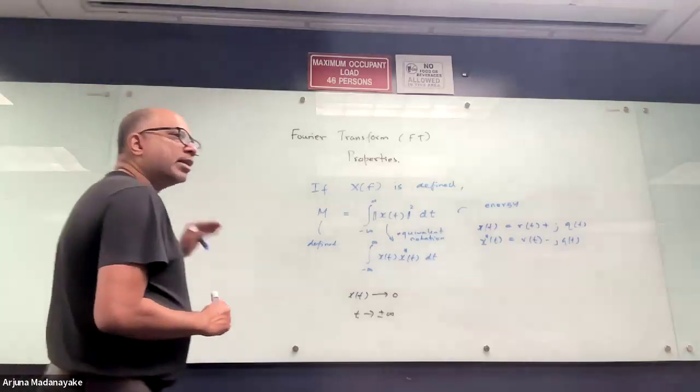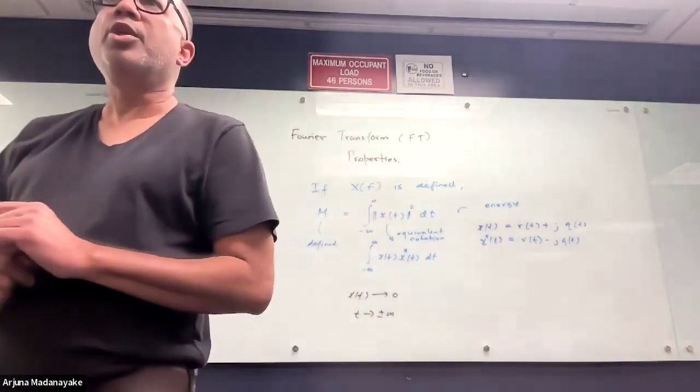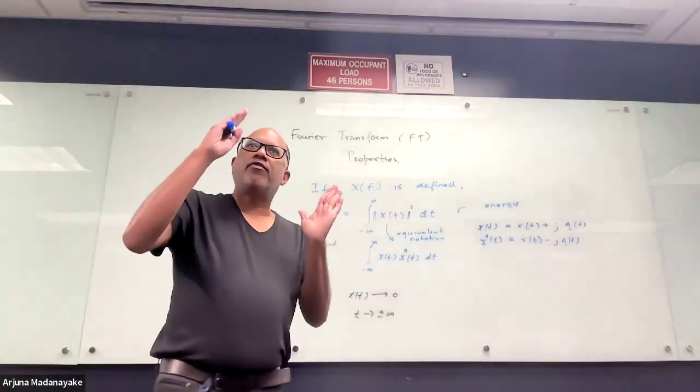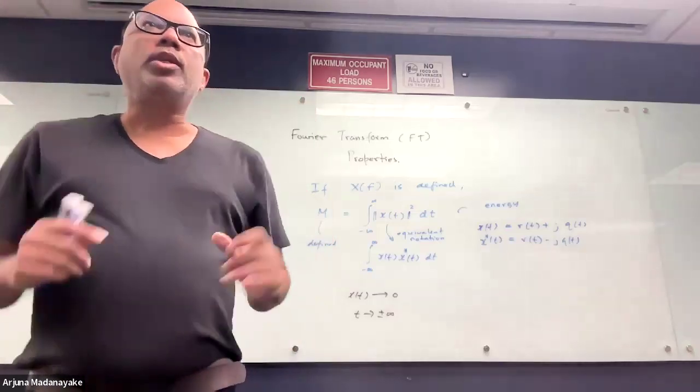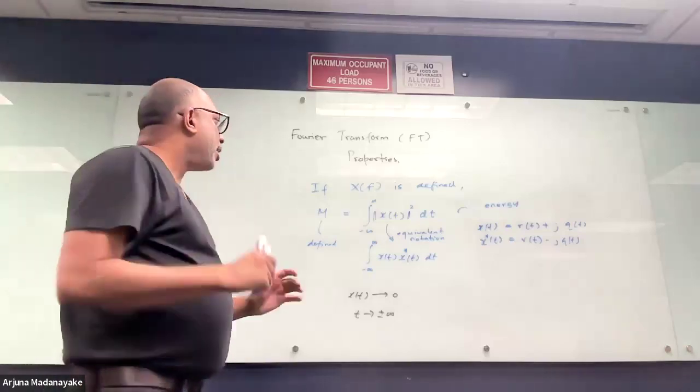So functions like tan inverse, which has infinity cusps, right? They have asymptotes going to infinity, so they don't have Fourier transforms. It has to be a well-defined bounded function so that when you integrate the square, you get a value, and it's bounded to 0 at the ends.